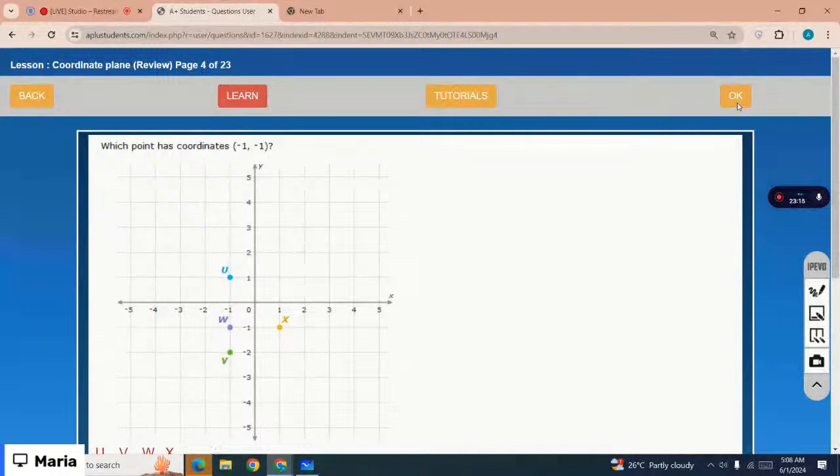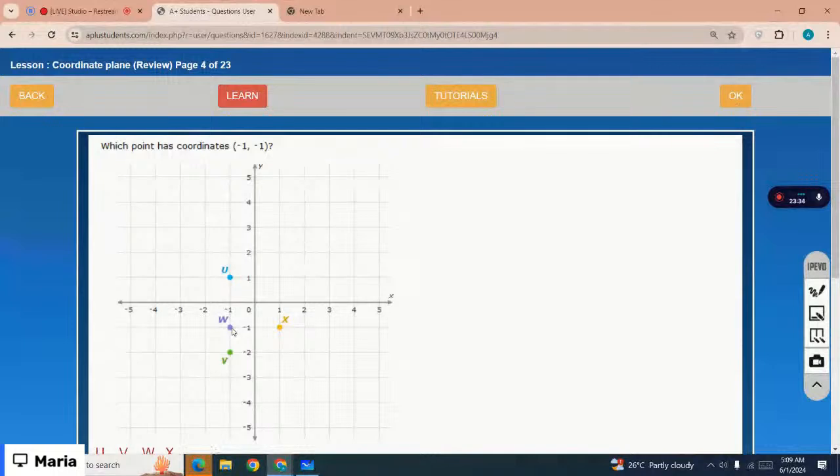Which point has the coordinates -1 and -1? So here is x -1, right? And here is y -1.